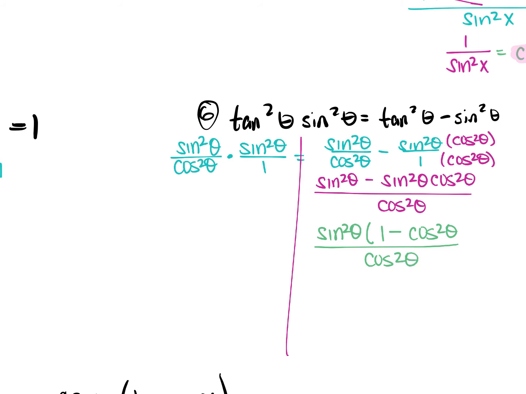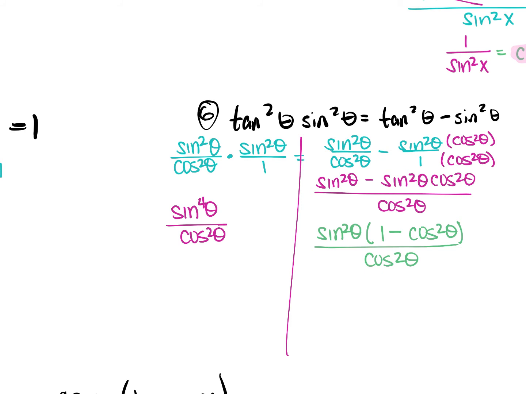If you look at the other side of your equal sign now, it's very similar to what you have there. If you did multiply that other side of your equal sign, you would have gotten sine to the 4th power theta over cosine squared theta. So if you continue to work with that right side to make it exactly what you have on the left side, what are we going to have?